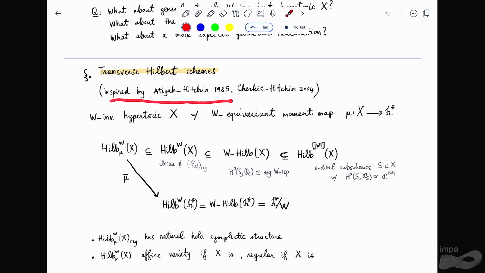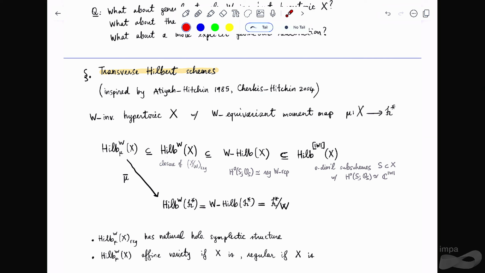This is inspired by a kind of description of hyperkähler metrics that goes back to Atiyah and Hitchin, chapter 5 or 6 of the book, and then to the general case done by Cherkes and Hitchin in the early 2000s.